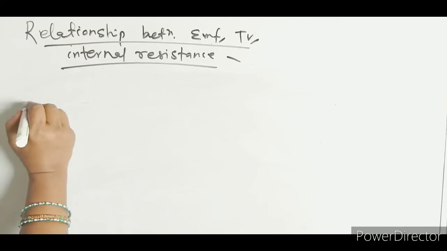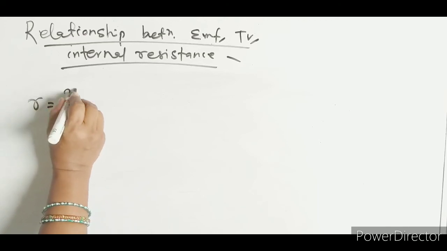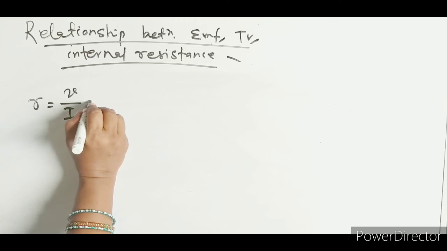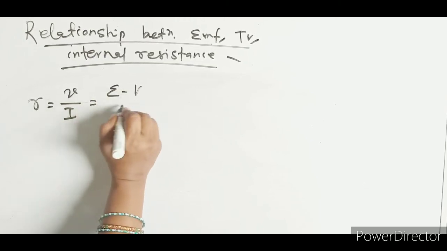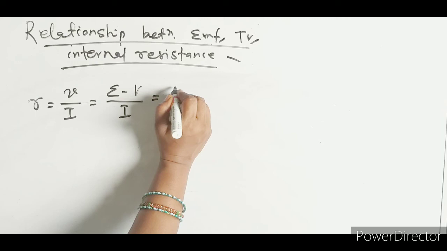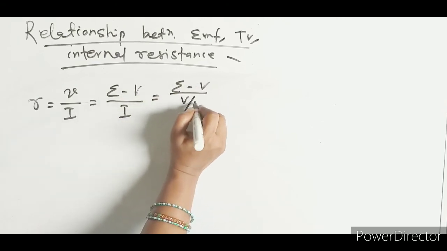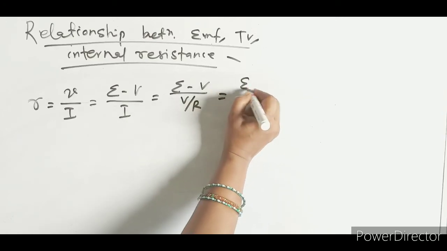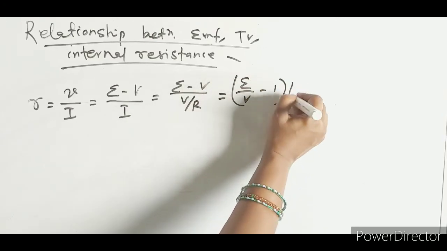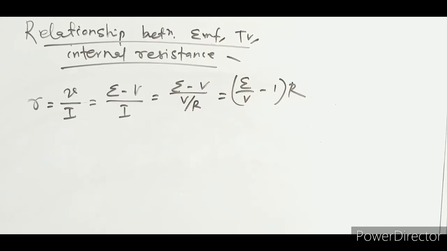So here R equal to small v by I is equal to epsilon v by I is equal to E by v minus 1 into R. Okay, so whatever data given, accordingly we can find out. Nothing to by heart here. Only one thing, V equal to IR formula you remember, everything will be clear to you.